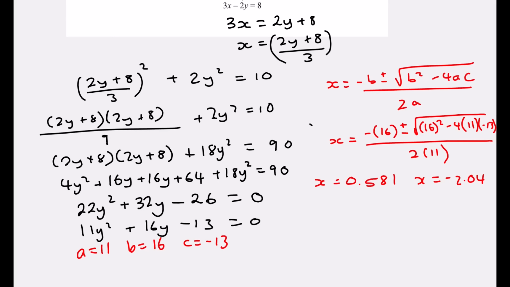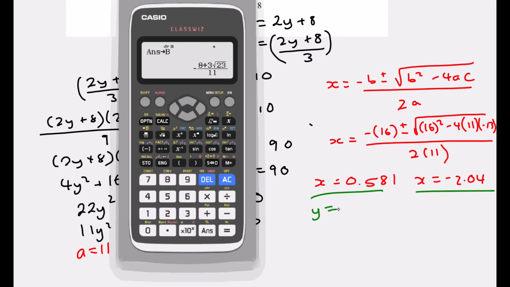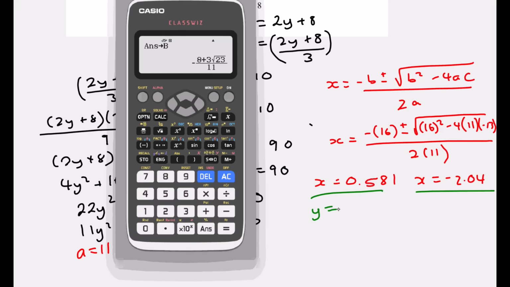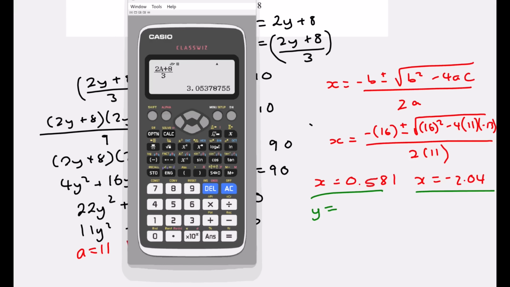So I've got my two x answers. And I know that x is equal to (2y plus 8) over 3. So I just need to do (2A plus 8) over 3, 3.05.